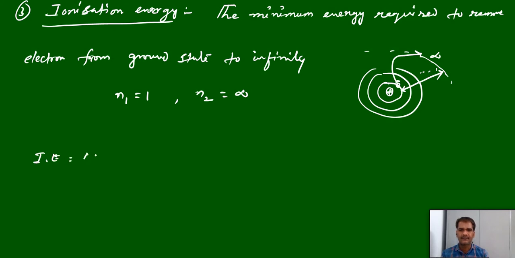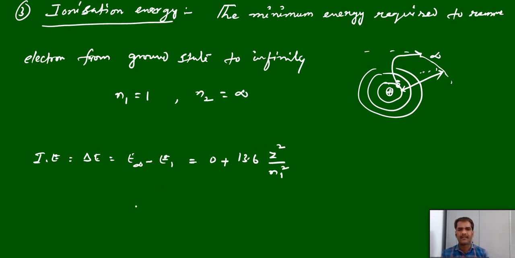IE is equal to the energy difference between the infinity shell minus the first shell, E infinity minus E1. E infinity is nothing but 0, and minus of minus 13.6 Z square by n1 square gives plus 13.6 Z square by n1 square.